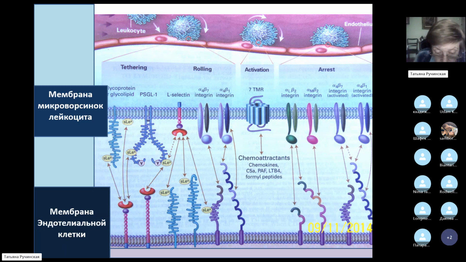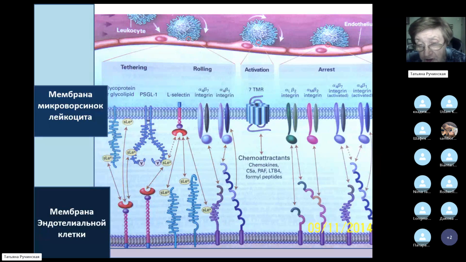Below is the membrane of endothelial cells. You see, this red is L-selectin, and it cannot bind with P-selectin or any other adhesion molecules.